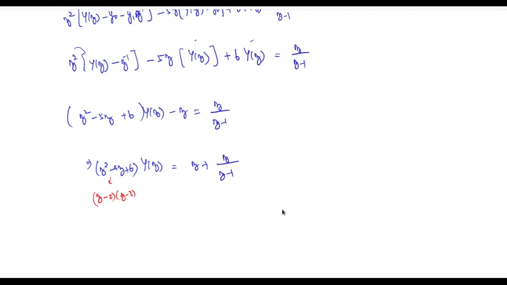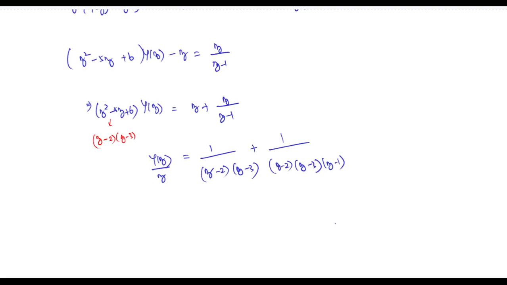Therefore, this should be written as Y(Z) equal to Z times, in fact I can take this Z outside, 1 divided by Z minus 2 into Z minus 3, plus 1 divided by Z minus 2 into Z minus 3 into Z minus 1.